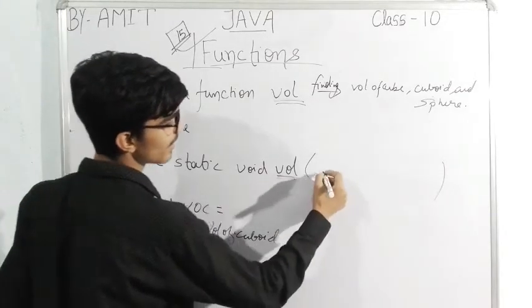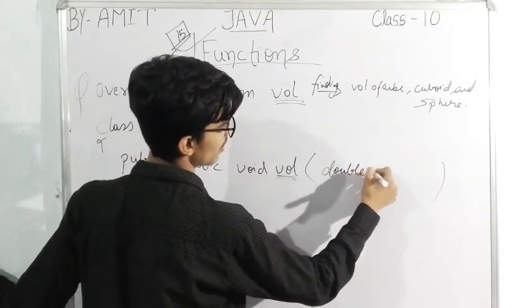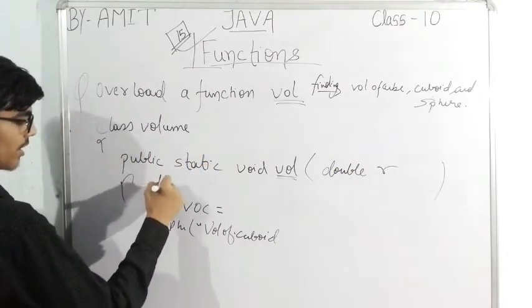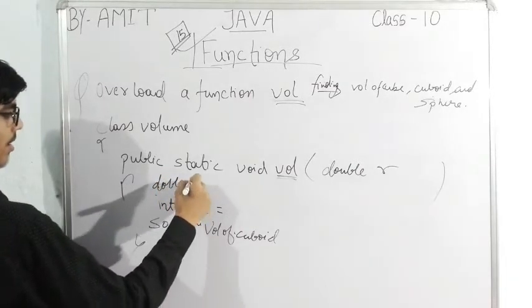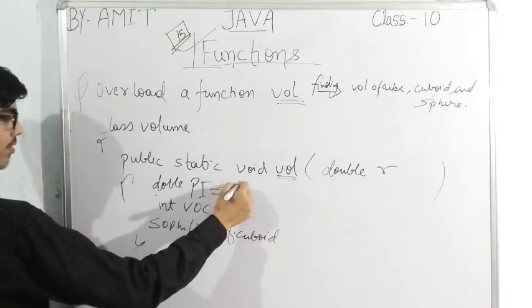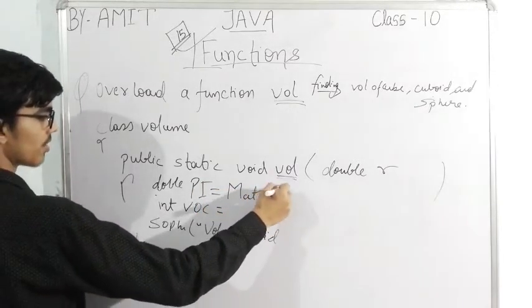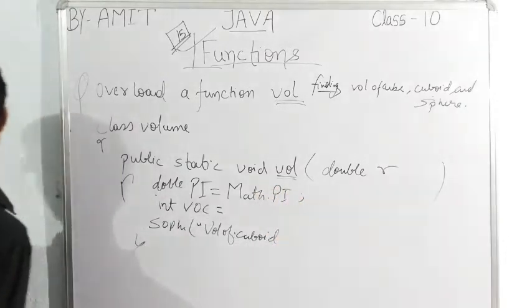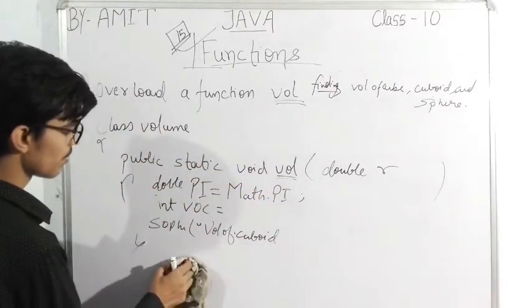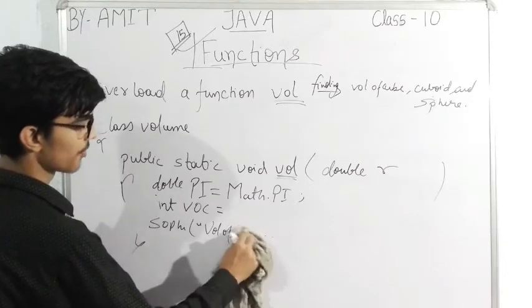We will write this again and we will write double r. We will store one value, double PI capital is equal to Math.PI. Now what is the volume of sphere?